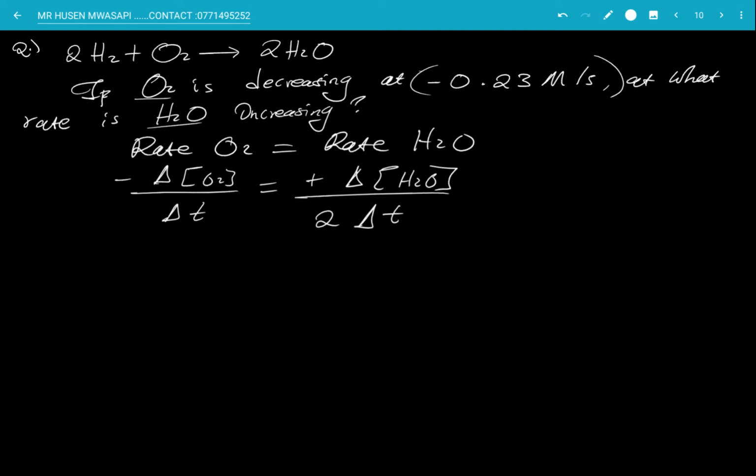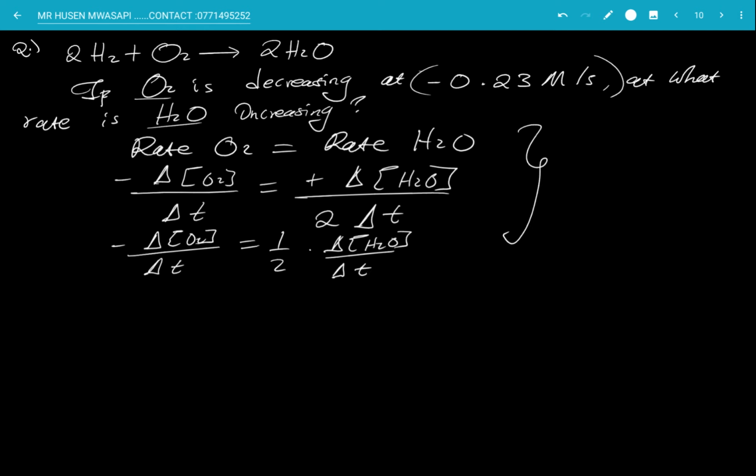Time. So remember, minus change in concentration of O2 over change in time being equal to 1 over 2 times change in concentration of H2O over change in what? Time. I did make mention that change in concentration of H2O over change in time is rate of what?